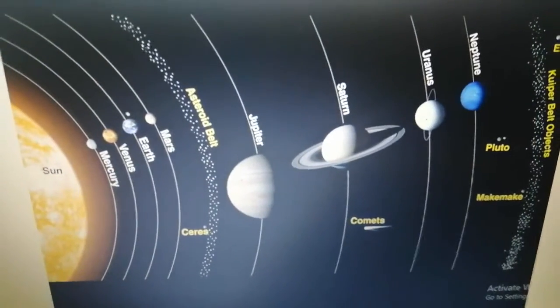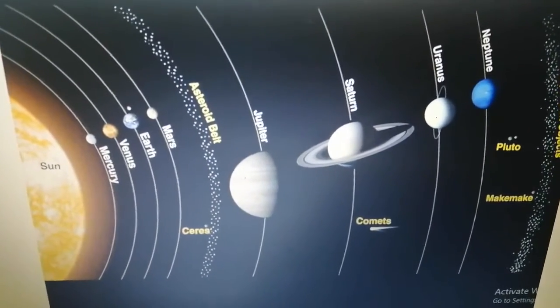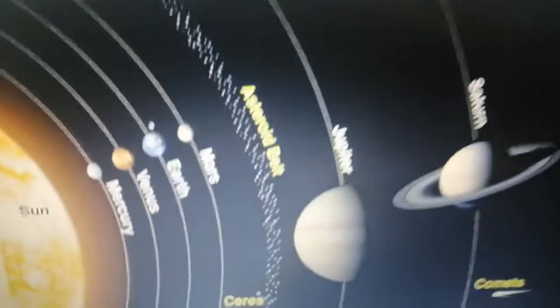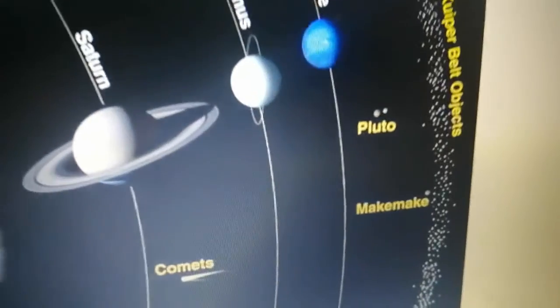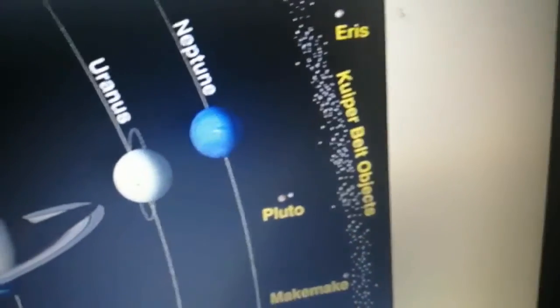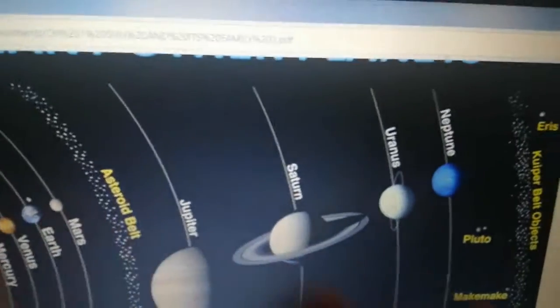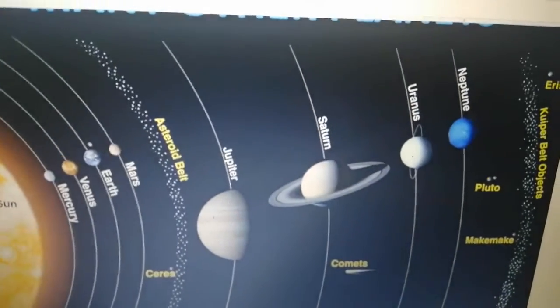You can see that more clearly in this picture. Can you see planets like these are small, like Ceres, then we have Pluto over here, whereas the others are big in size.